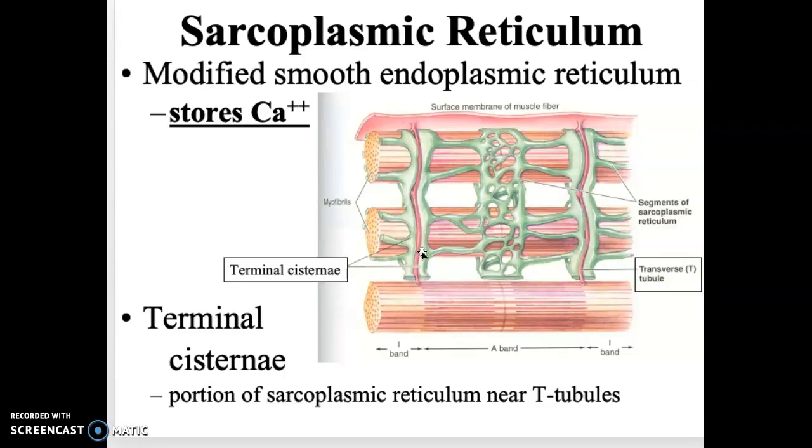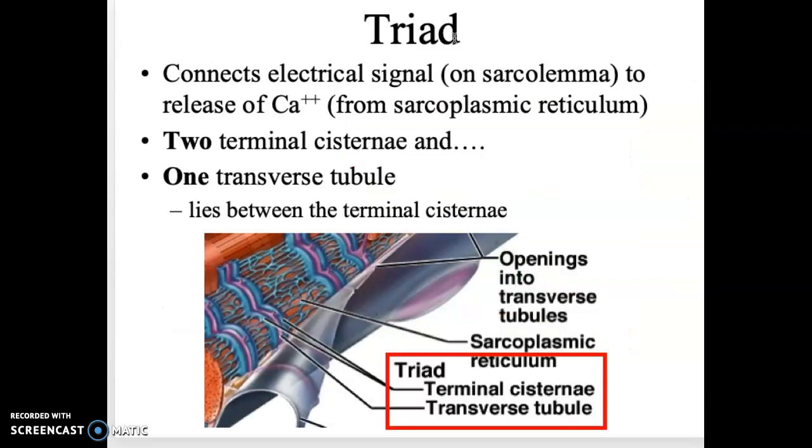The terminal cisternae are these little green things on either side of the T-tubules, and they're part of the sarcoplasmic reticulum. So the triad, like I've discussed, is 2 terminal cisternae in blue and 1 transverse tubule in purple. These connect the signal from the nerves and from the cell membrane into the sarcoplasmic reticulum.